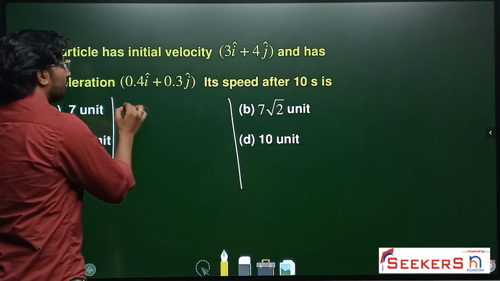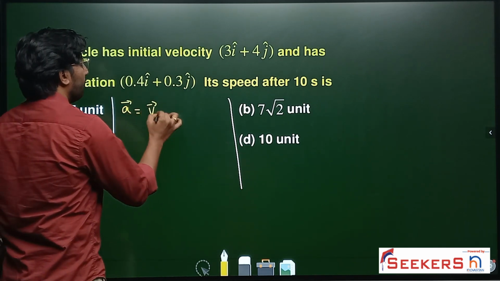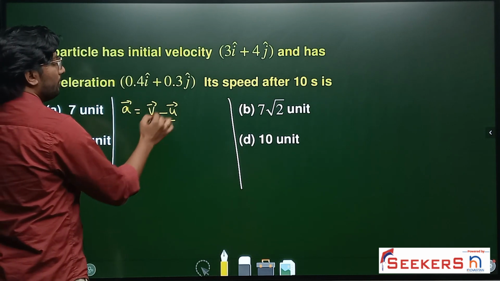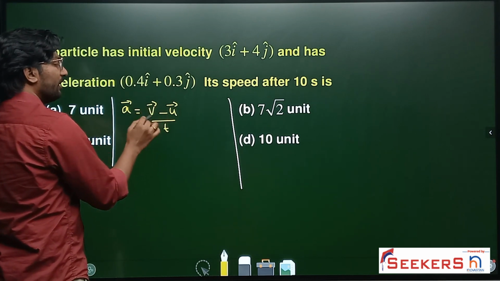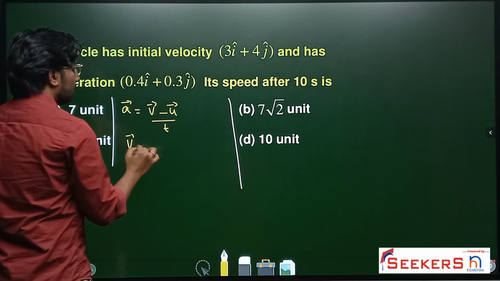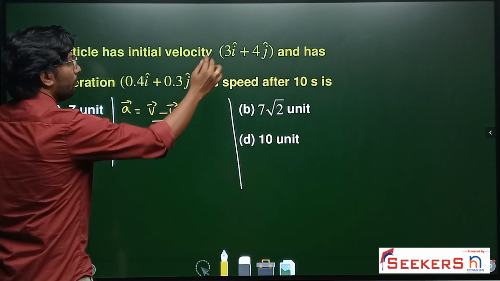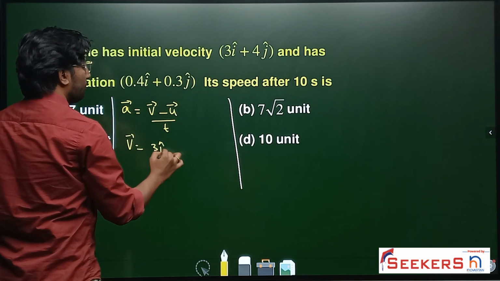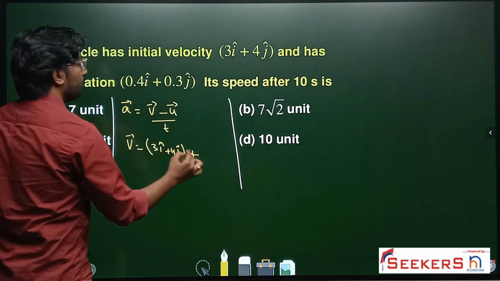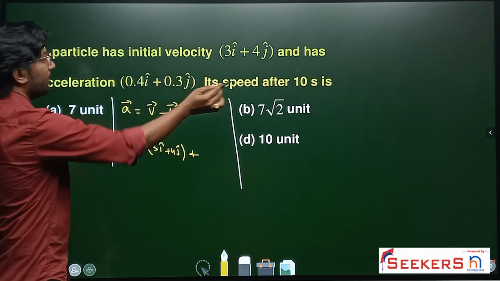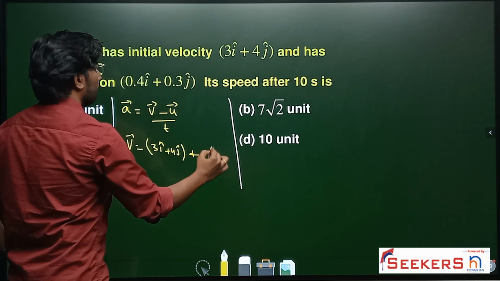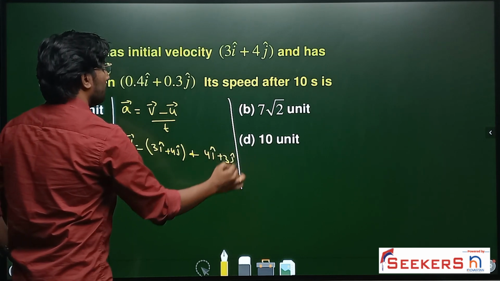So we know that acceleration as a vector is equal to v minus u by t. We want this velocity, speed, that is the magnitude of this velocity after 10 seconds. So that means v is equal to u plus at. The u value is 3 i cap plus 4 j cap, plus a into t. So t is 10 seconds, you multiply with the acceleration, that will become 4 i cap plus 3 j cap.